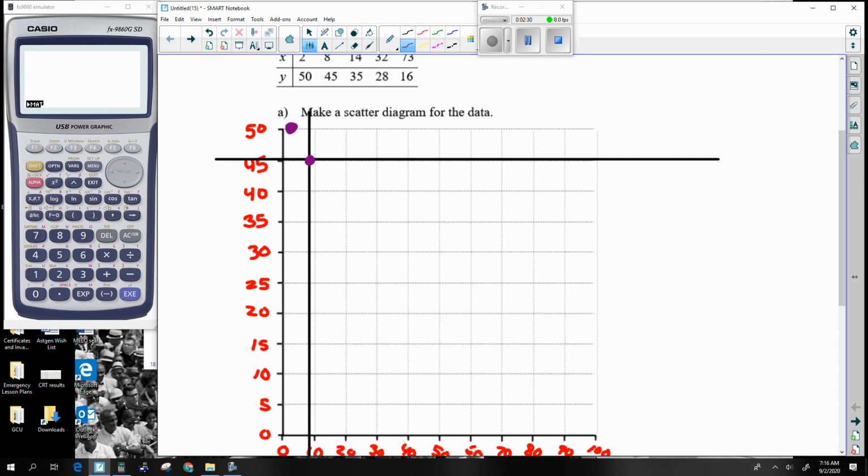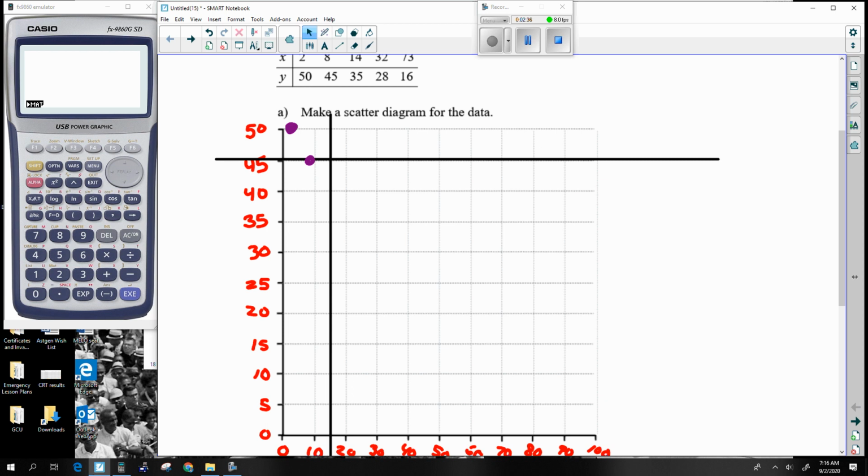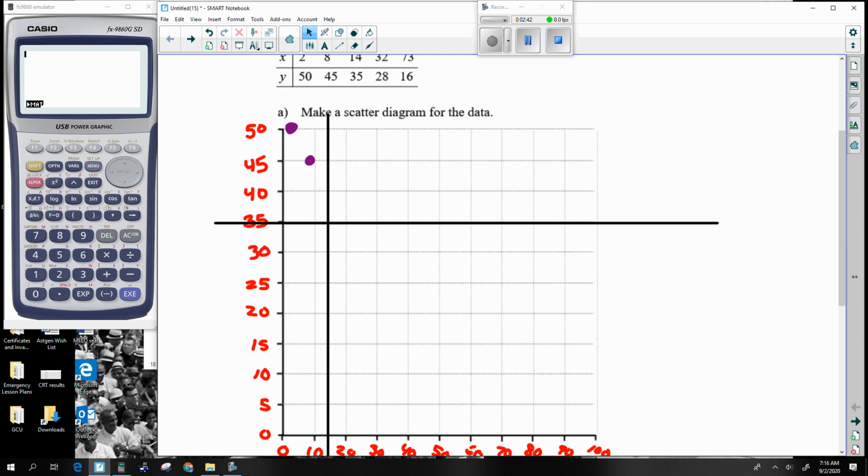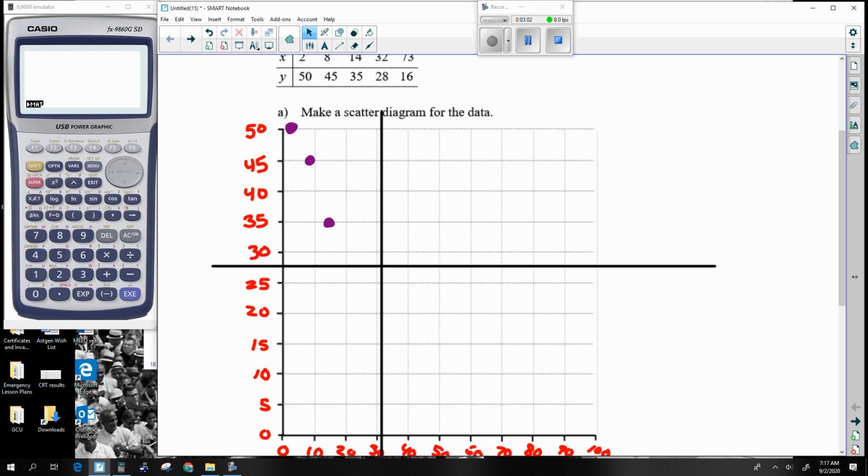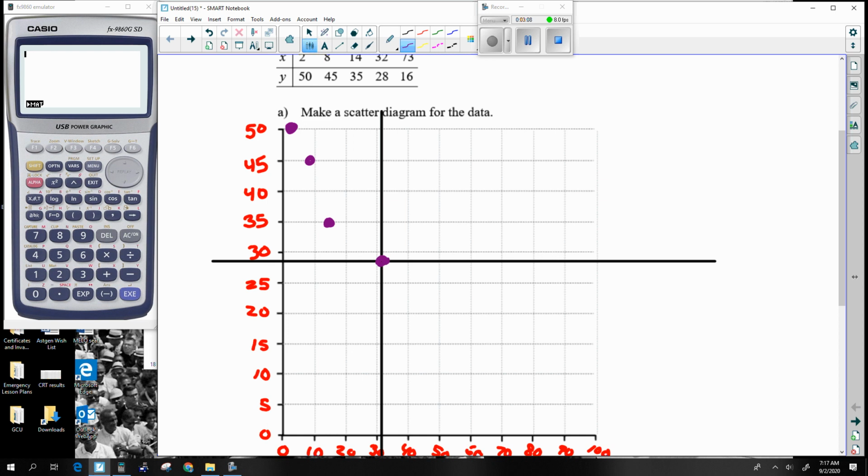I have 1435, 14, 15 right in the middle, so 14 just a little bit short of the middle, 1435. Then 3228, there-ish.